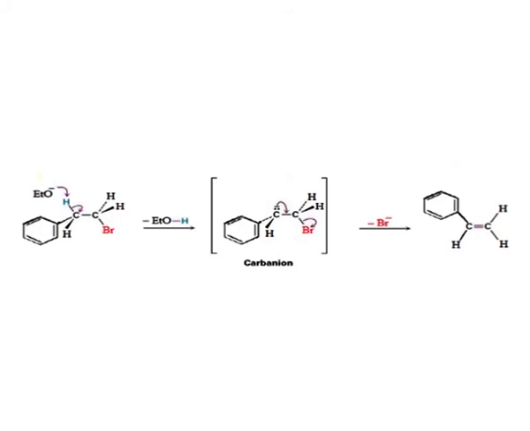The second step involves the elimination of the leaving group as a new pi bond is formed using the electron pair of the anionic carbon. For example, the elimination of hydrogen bromide from 1-bromo-2-phenyl ethane to form styrene goes by this mechanism.